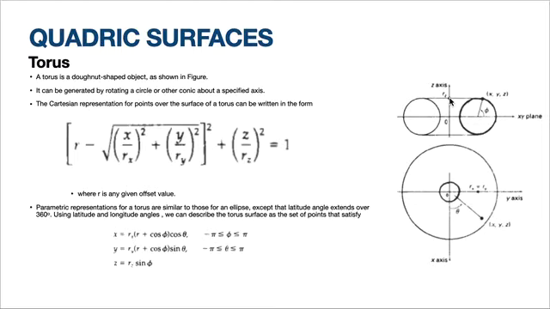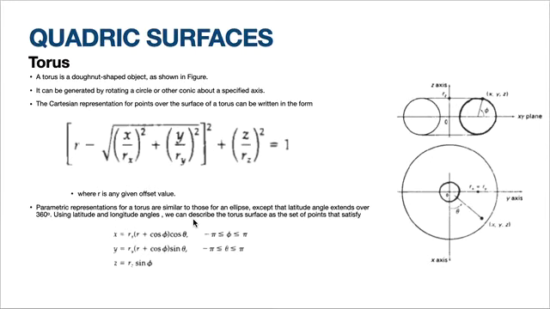Okay, so this is the Cartesian equation for a torus, and the torus is usually generated by rotating a circle or other conics about a specified axis.